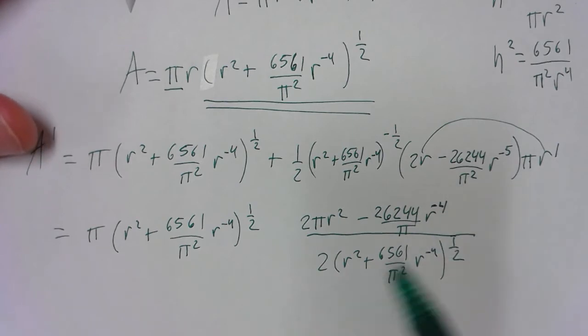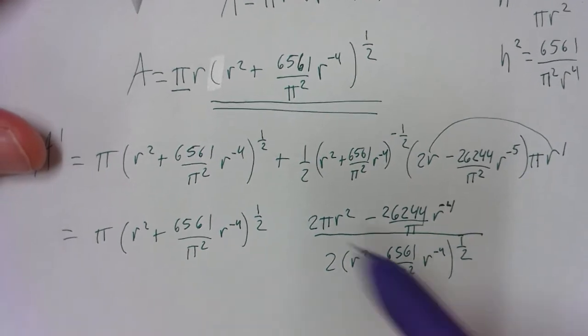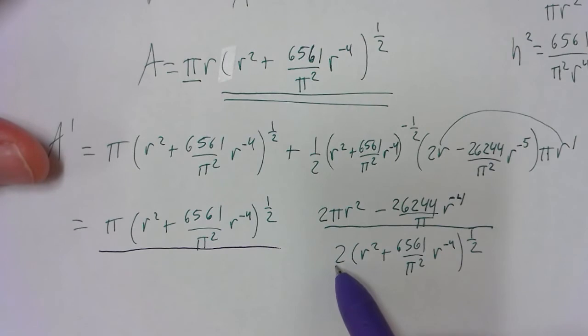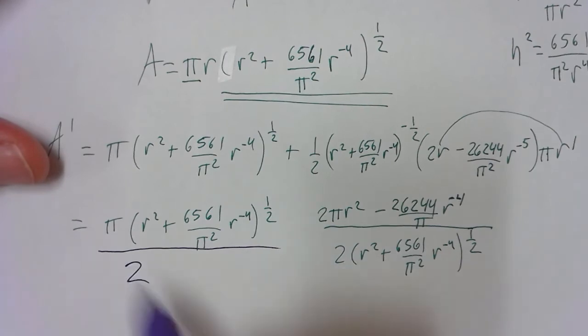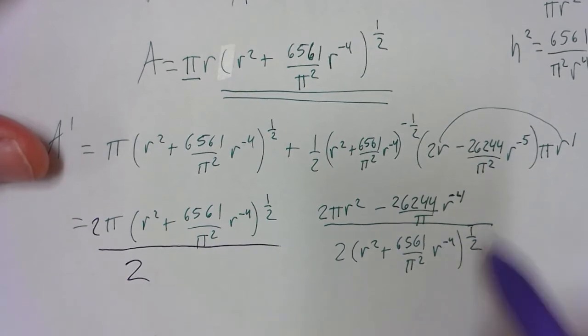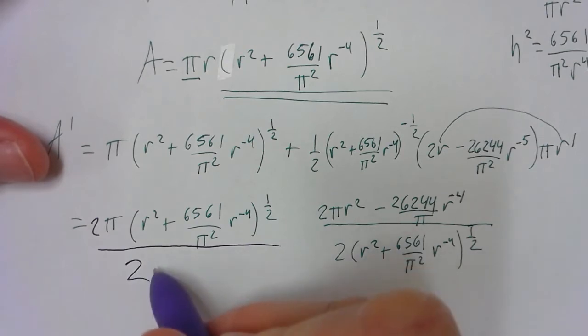Alright, so I'm going to get a common denominator between these two. I'm going to put some purple pen in here. This one has a 2 and this one doesn't, so I need to multiply the top and the bottom by 2. This one has a r squared plus blah blah blah, that's a 1/2 power, so I need one of these over here.